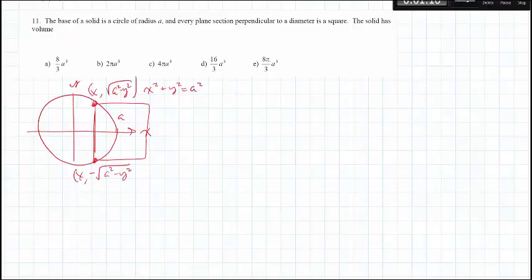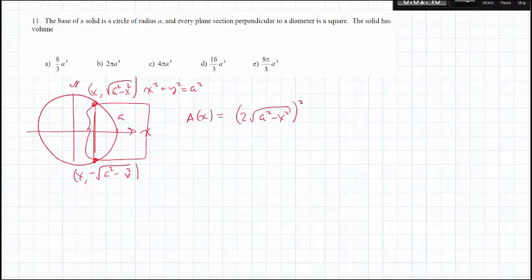Alright, which means the area of the square as a function of x is this distance, which is 2 times the square root of a squared minus x squared. I wrote that as y squared though, so that should be x squared. And of course square that to get the area of the square.